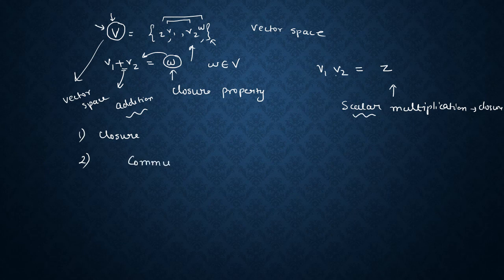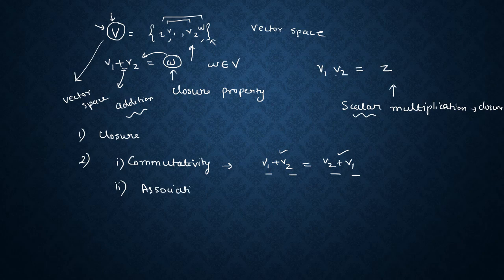Firstly, commutativity. That means if you add the elements of a vector space, then the addition should be commutative. A plus B should be equal to B plus A. Then it should be associative under the operation of addition.